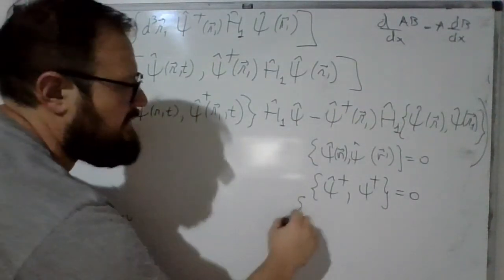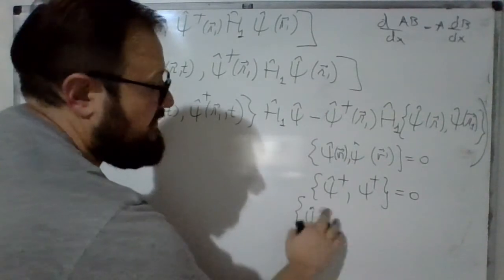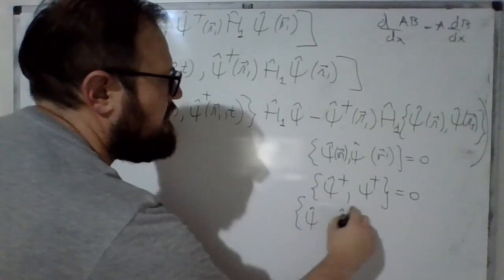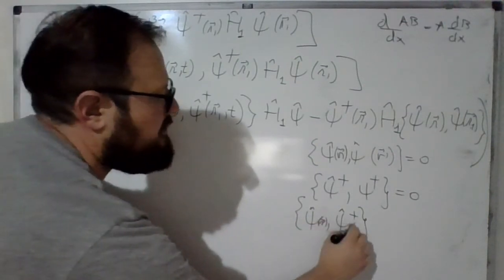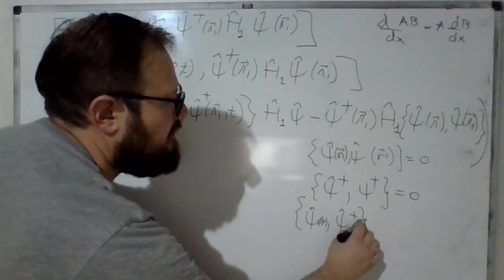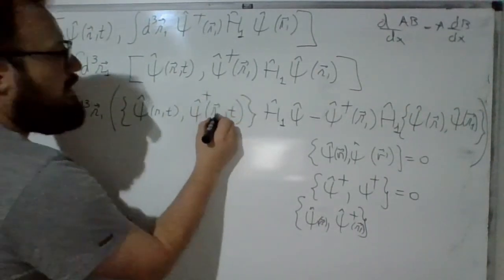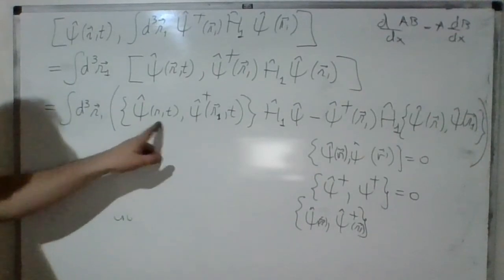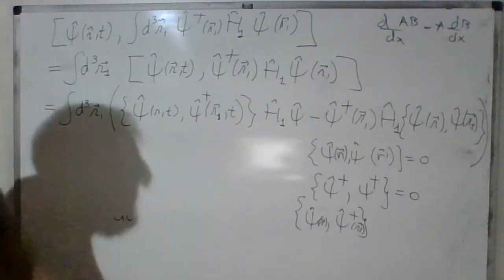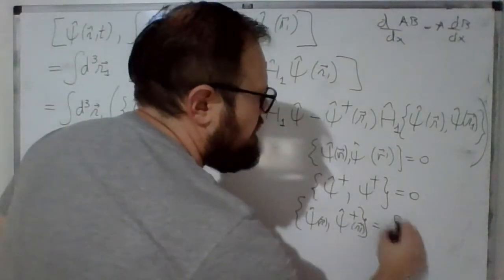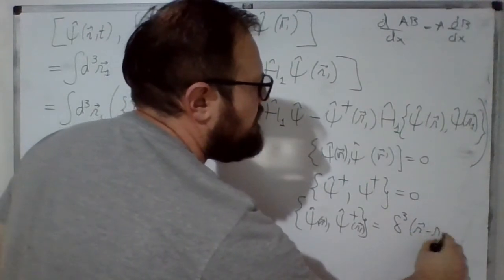But the anti-commutator of psi with psi dagger, calculated at the position R and the position R1 here, because that's what we have here, psi with psi dagger of R1, is just the Dirac delta in 3 dimensions, in this case, of R minus R1.